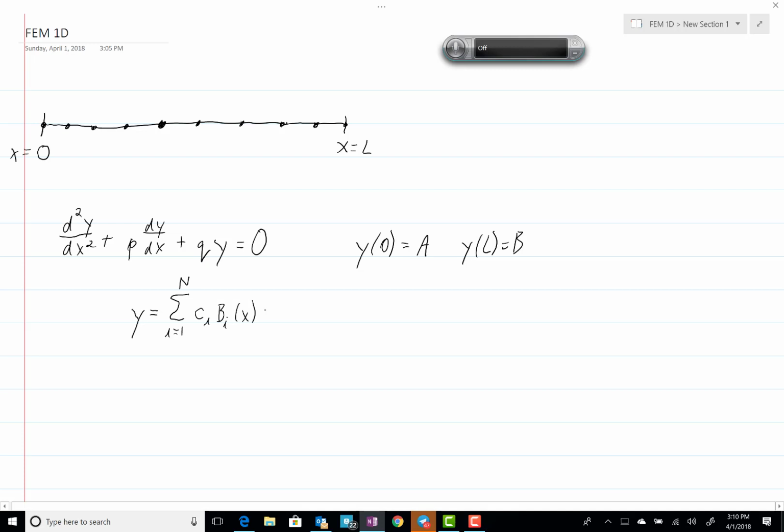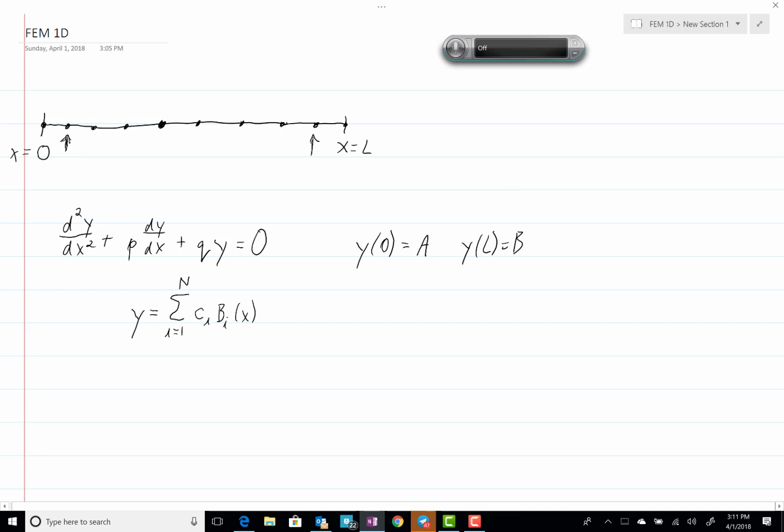Now, in this case, you have to decide where you start the numbering, and since y is known at 0 and since y is also known at L, we don't have to start numbering at x equals 0, and we don't have to stop numbering at x equals L. We can start numbering at this first node right here, and we can stop numbering over here at this node.